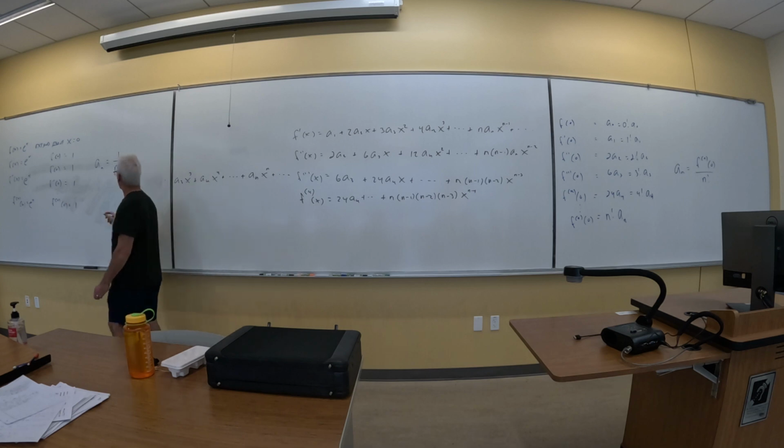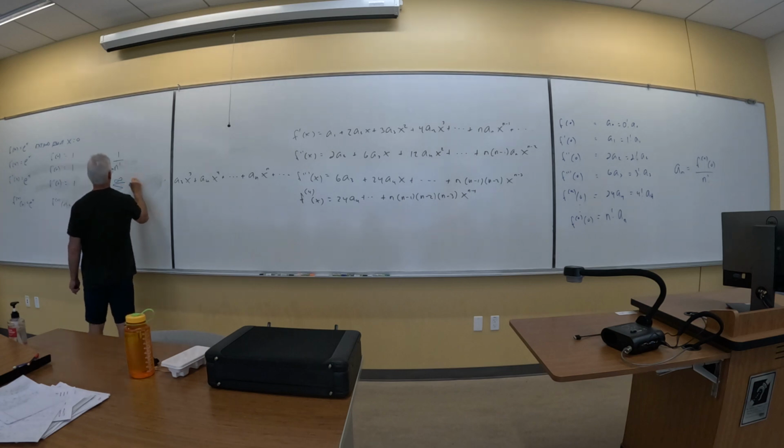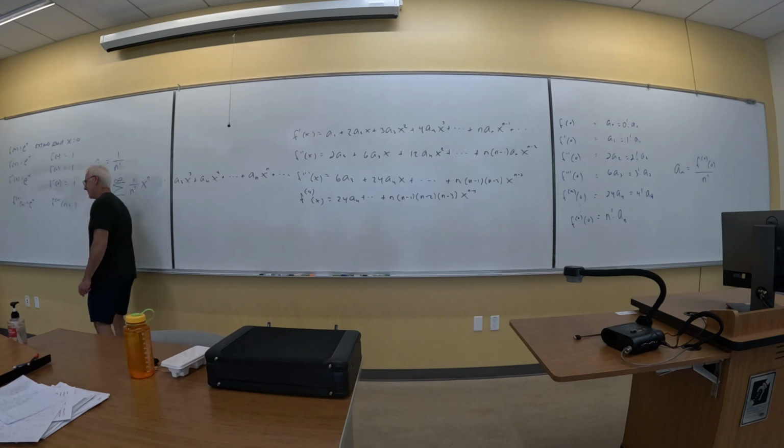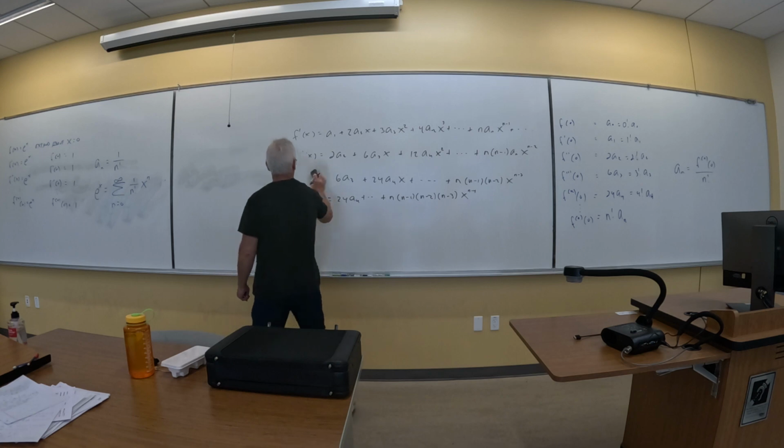That's interesting. So that means then that e to the x equals the sum from n equals 0 to infinity of 1 over n factorial x to the n. Whoa, I think we used this one last day, perhaps.